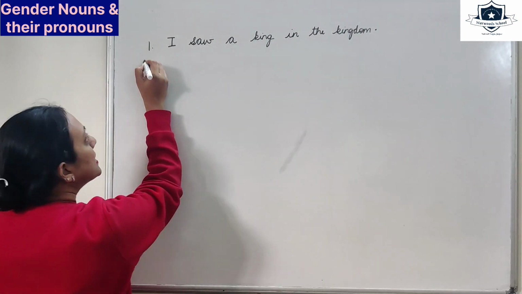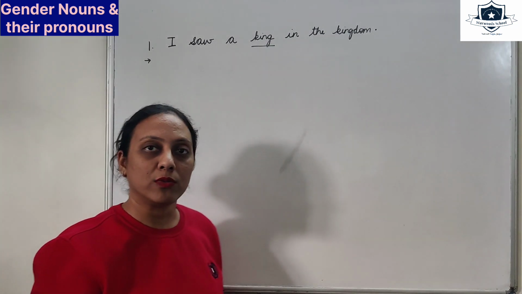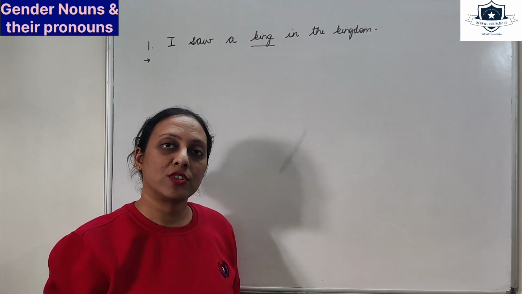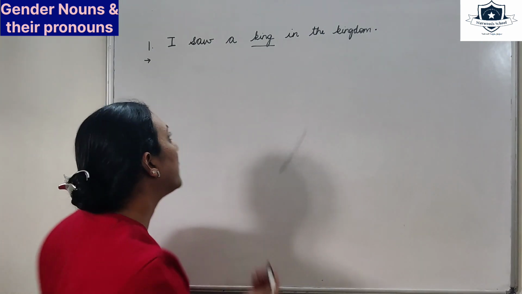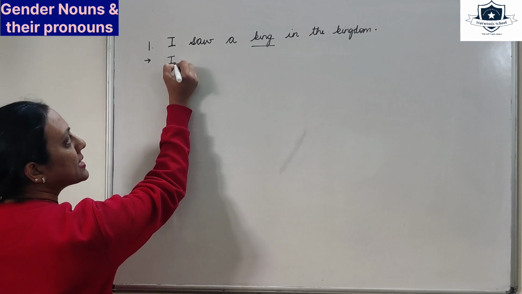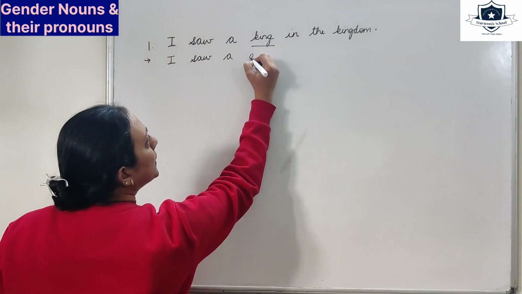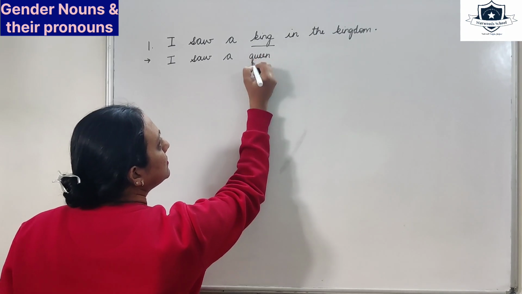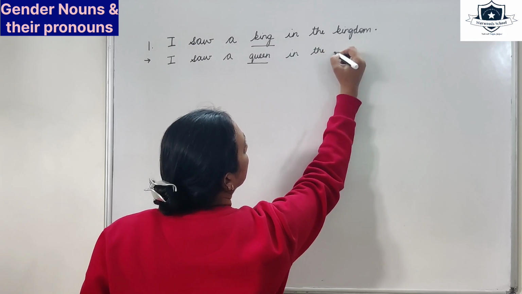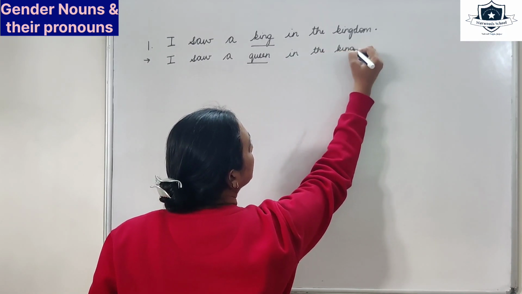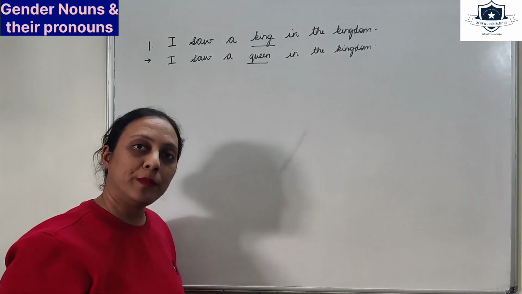So your question is, change the masculine noun to the feminine noun. Why am I giving the question of changing masculine to feminine? So that you get a better know-how. So I can change the entire sentence. I saw a queen in the kingdom. So I hope this makes it clear.